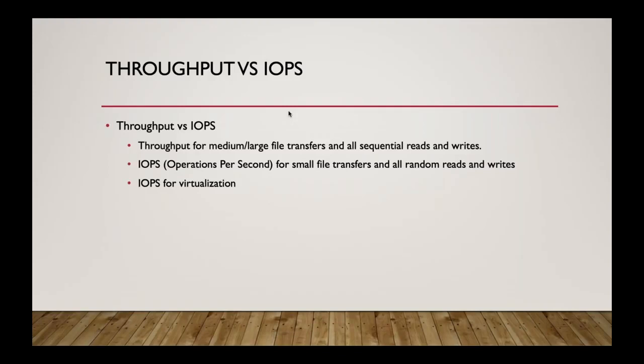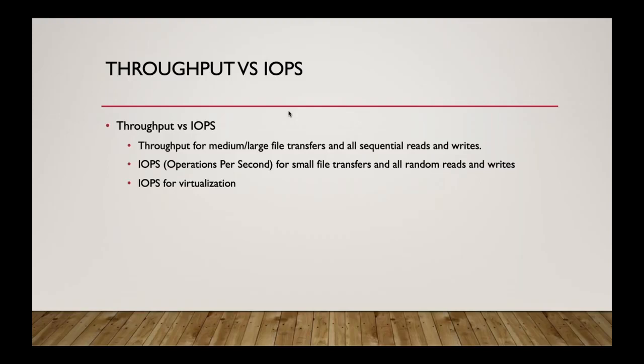And the reason IOPS matters is, let's say you're reading thousands and thousands of teeny tiny files. The limiting factor for how many files you can read per second is probably not how many megabytes per second your NAS can read and write. When the files are really teeny, the bottleneck tends to be more in operations per second, because every file you read will be at least one operation, if not more.